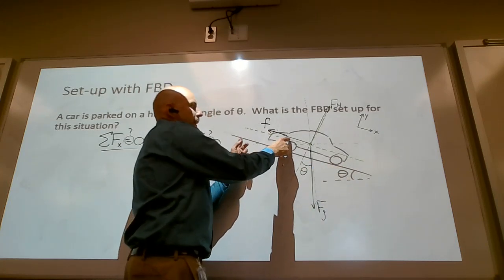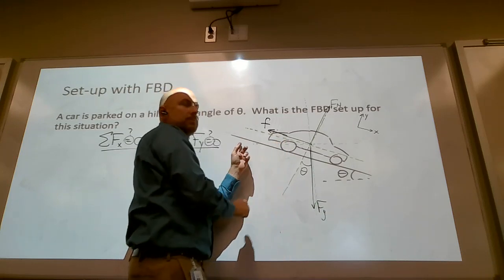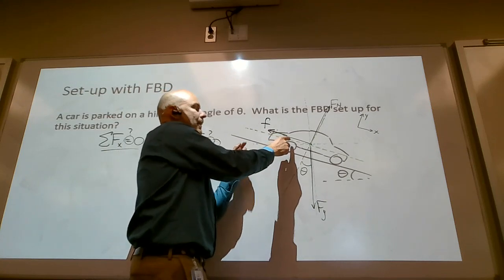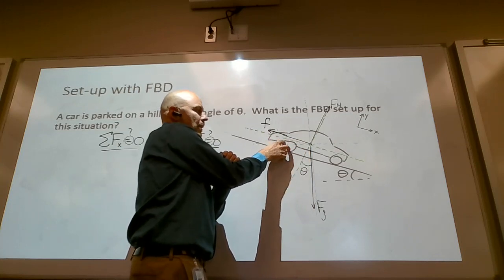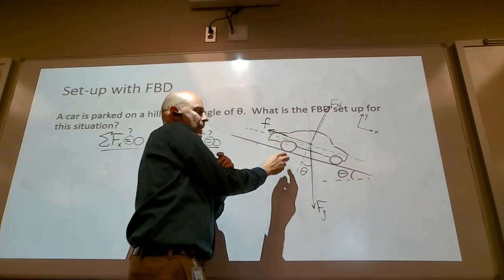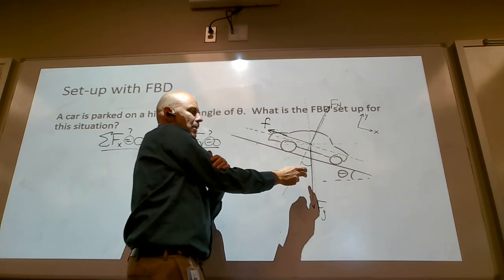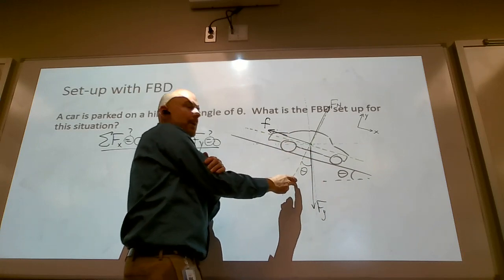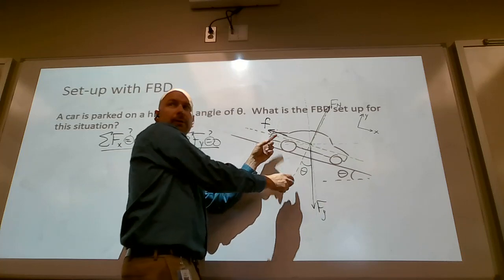This angle and this angle are also congruent. This angle and this angle are complementary, they add up to 90. This angle and this angle are also complementary, add up to 90. Therefore, this angle and this angle are congruent.